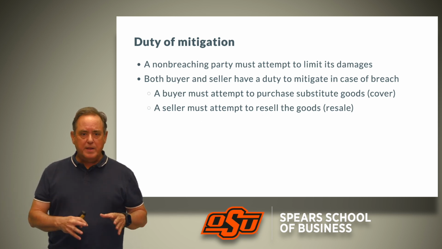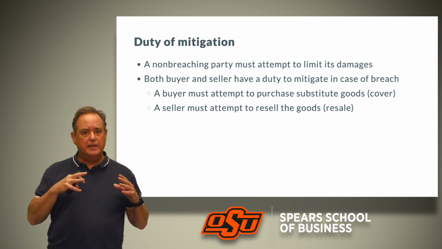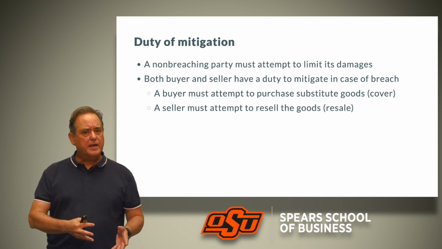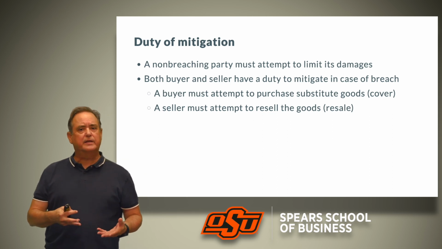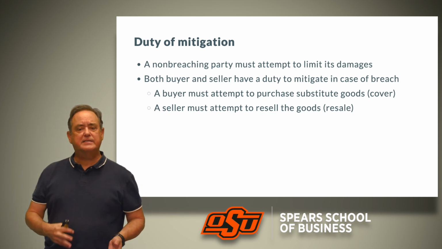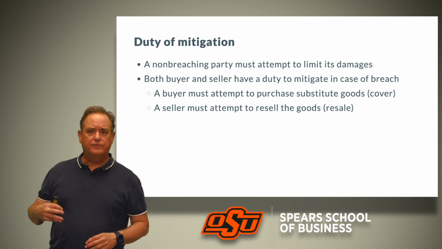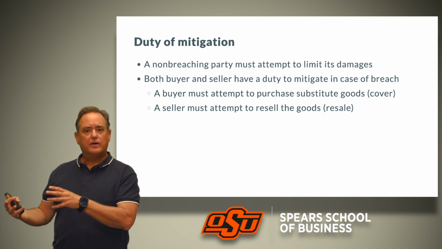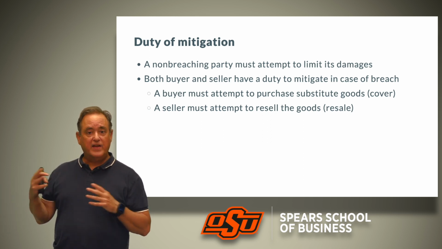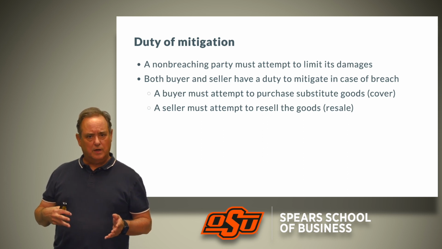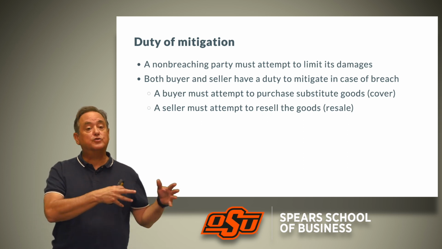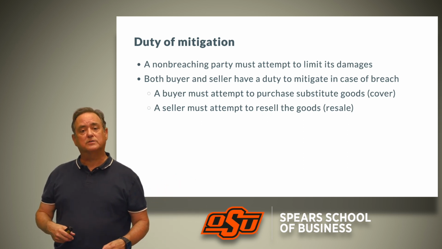And again, the remedy is going to be the difference between the contract price, what it was supposed to receive, and the market price, which it actually received. So if we have a seller attempting to sell footballs to a buyer, and the buyer fails to take delivery of the footballs, the seller must then go try to sell those footballs somewhere else.